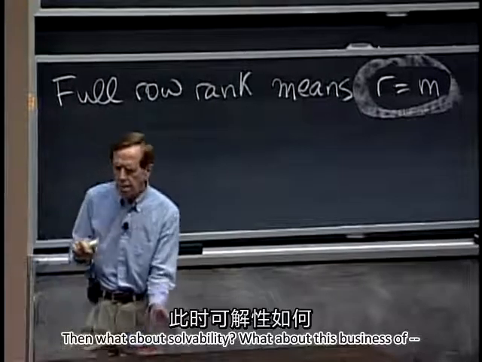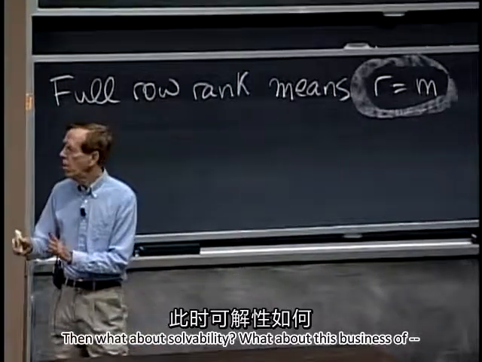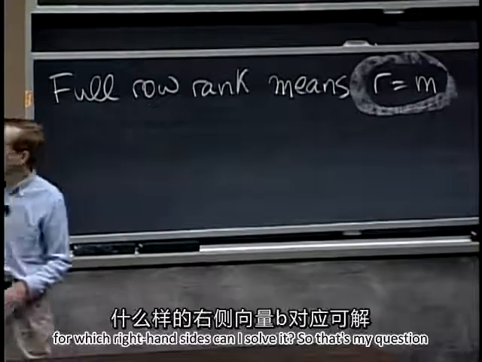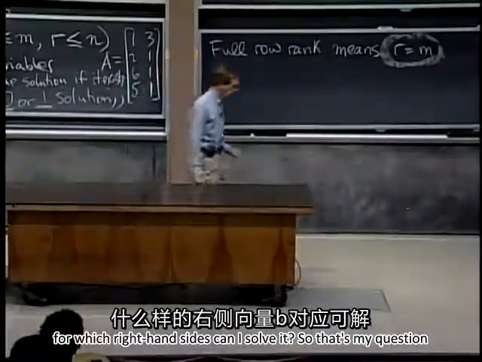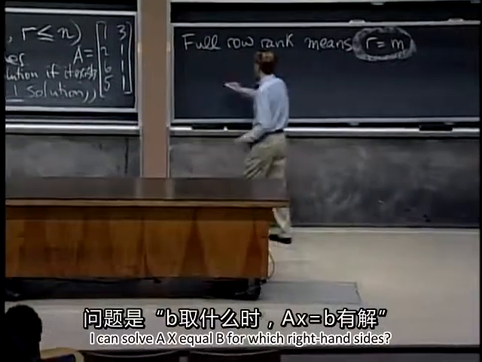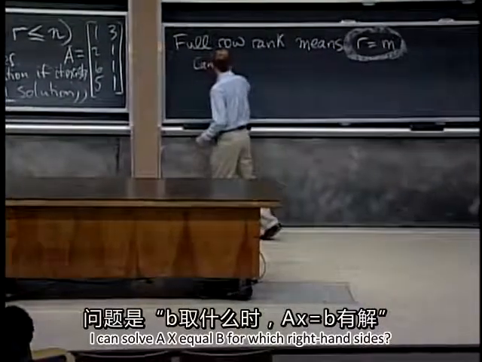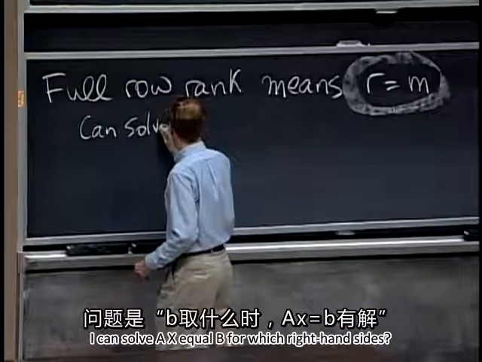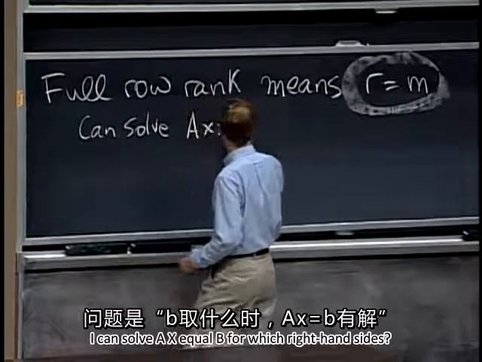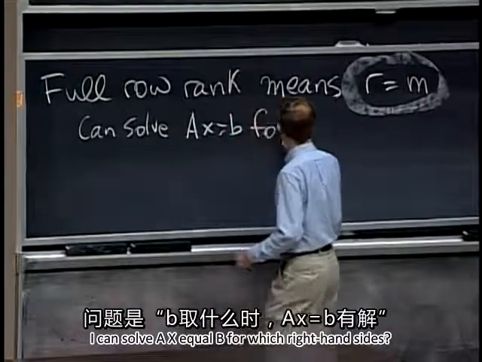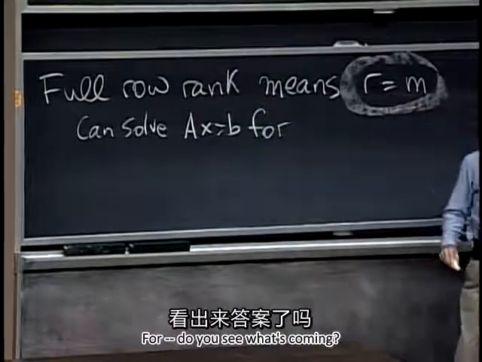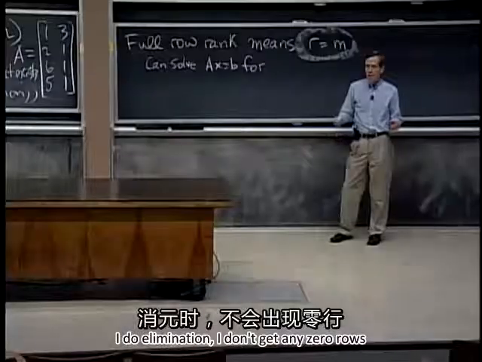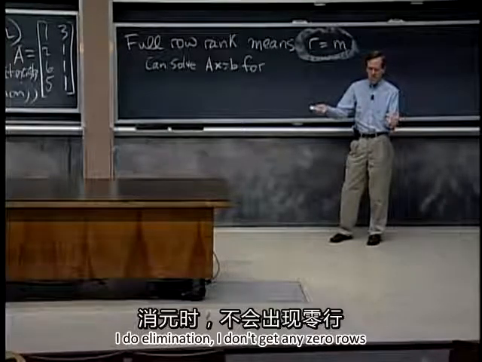Then what about solvability? What about this business of for which right-hand sides can I solve it? So that's my question. I can solve Ax equal b for which right-hand sides? Do you see what's coming? I do elimination.